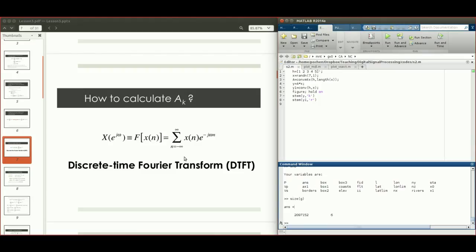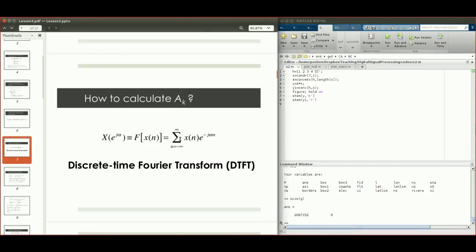One of the reasons that the Fourier transform has become so fundamental and so popular in all science and engineering disciplines is that this equation can be implemented very efficiently on digital computers. Because of the emergence of personal computers, almost everyone has a digital computer these days, so the Fourier transform becomes a really useful tool just because you can do it very quickly using a computer.